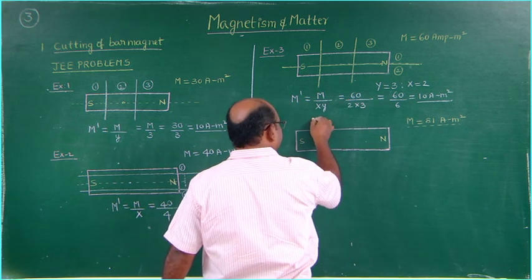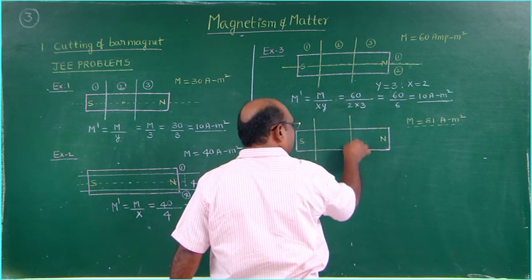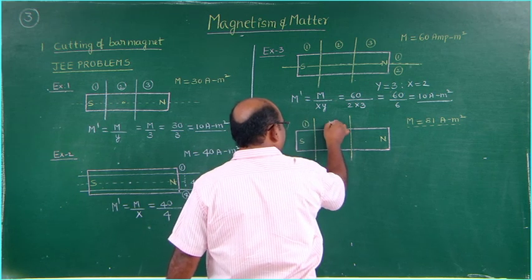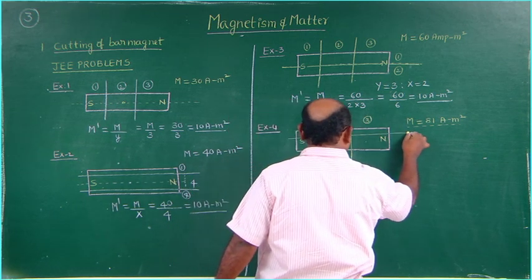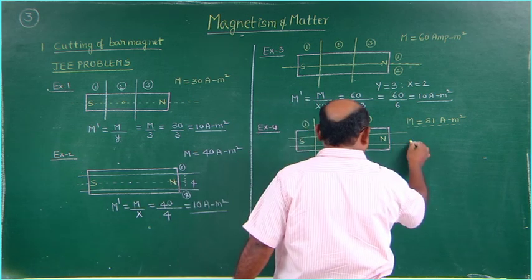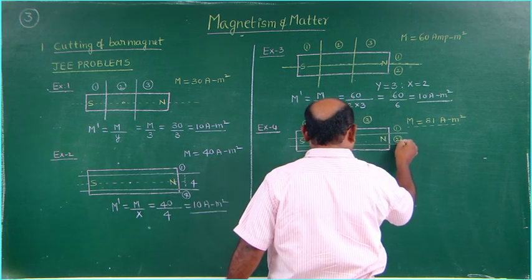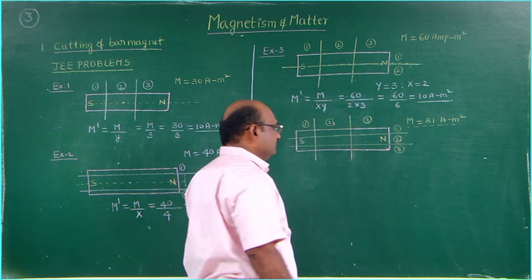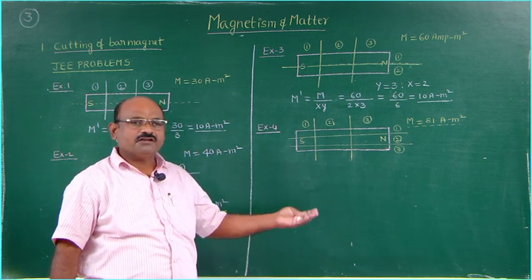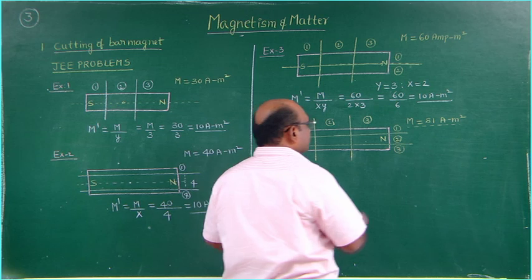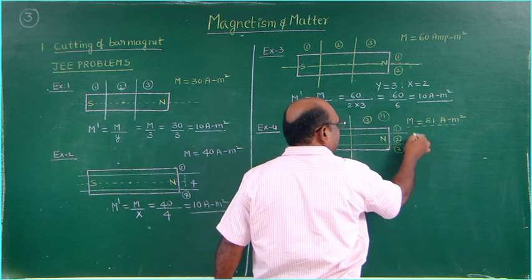Now it is made into 3 pieces along the y direction: 1, 2 and 3. Again, they made 3 pieces along the x direction: first piece, second piece, third piece. It is equal cutting; y cutting and x cutting are both the same. Therefore it is n times here, and n times there.